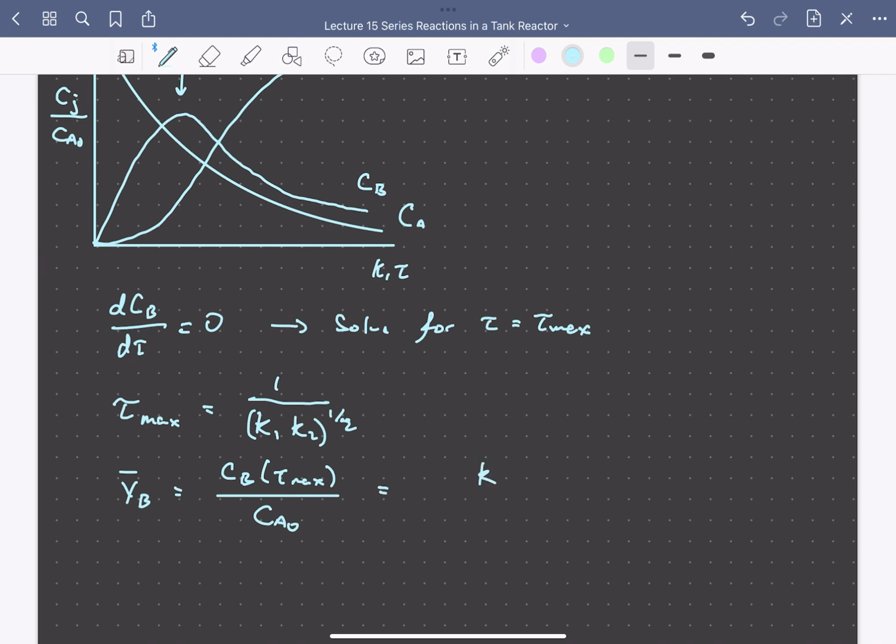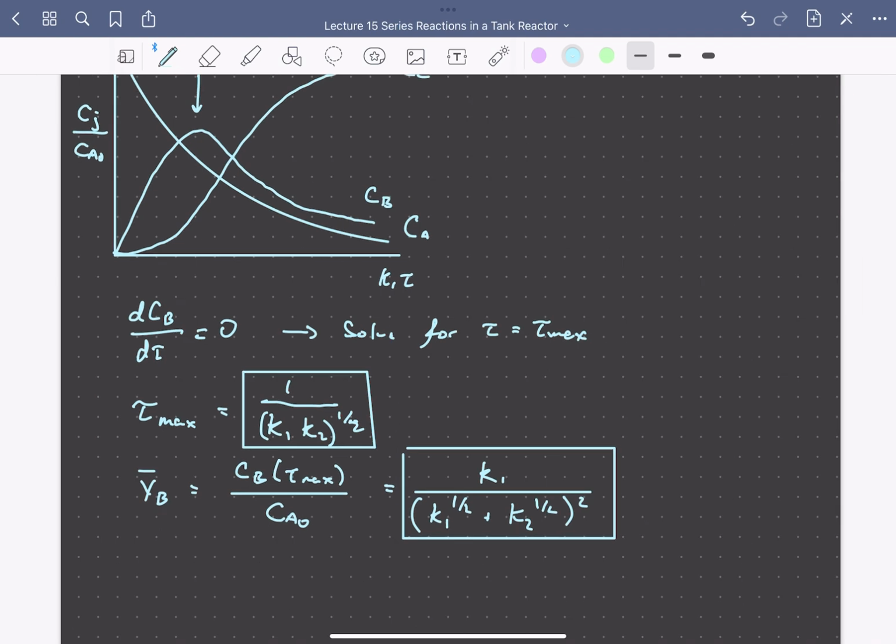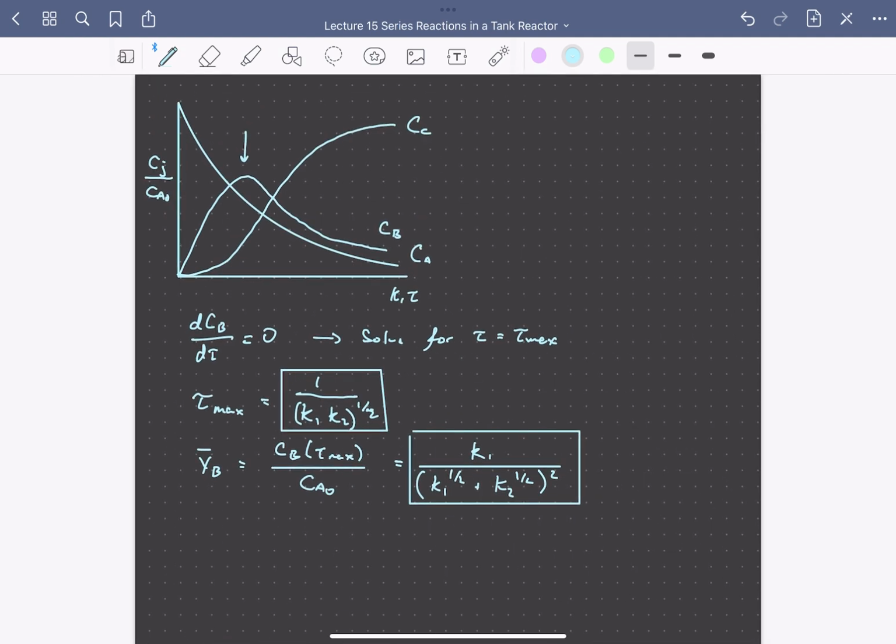And this is going to be equal to the first rate constant K1 divided by K1 to the 1/2 plus K2 to the 1/2, that quantity squared. So these are our expressions for maximizing either the concentration or yield of B for a series reaction A goes to B goes to C taking place in a continuous stirred tank reactor.